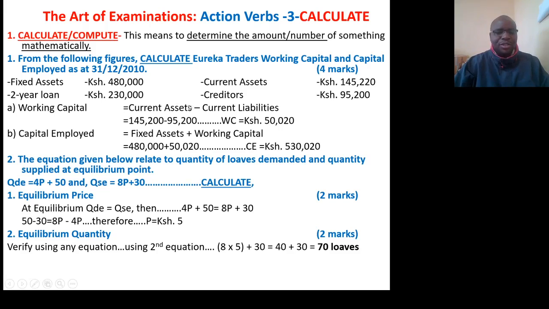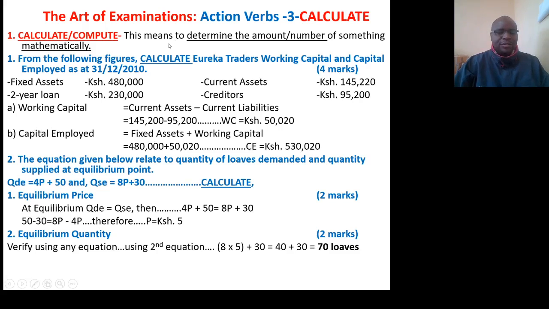So working capital is given by current assets less current liabilities. In our case, it's creditors only, 95,200. So our working capital is 50,020 shillings.